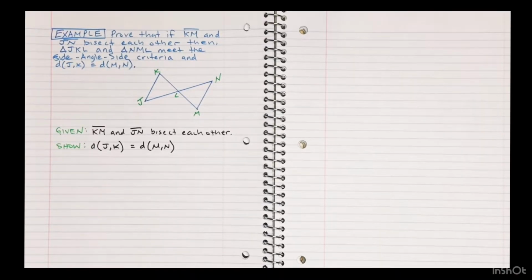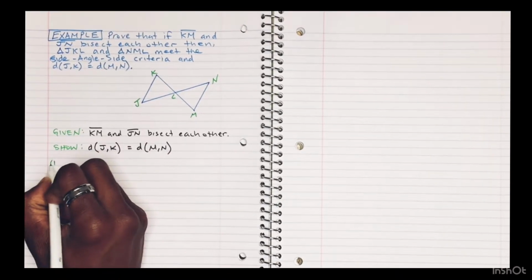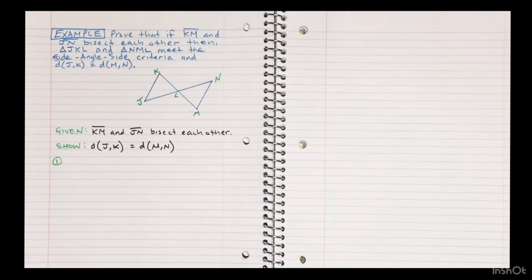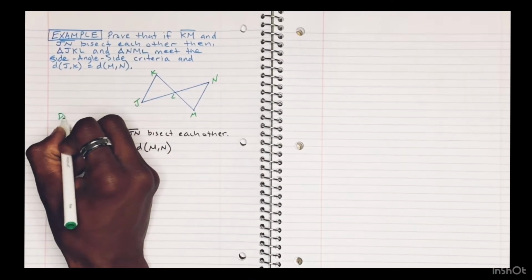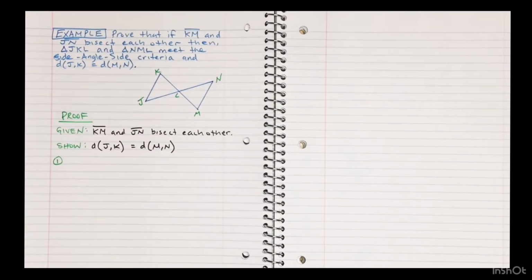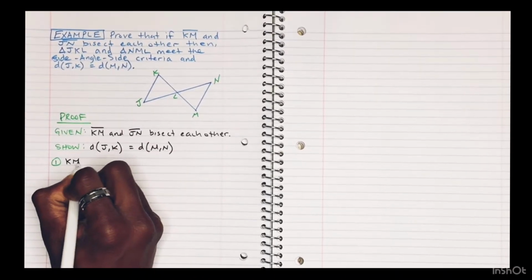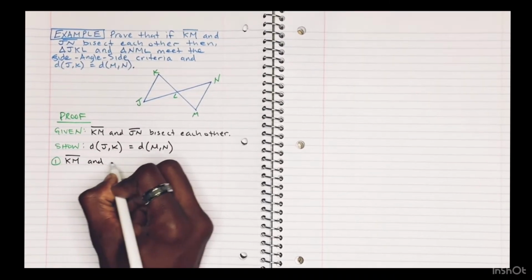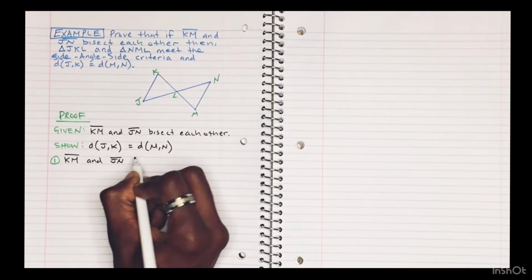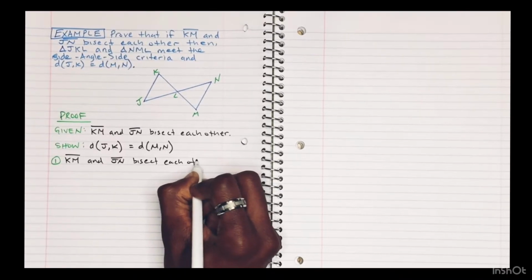Let's move on to the first step of our proof. So step number 1 of the proof. And let me just write proof at the top. Some teachers look for that. So step 1 of the proof, we're going to actually reiterate our given statement. Our given statement is that the line segment KM and the line segment JN bisect each other.